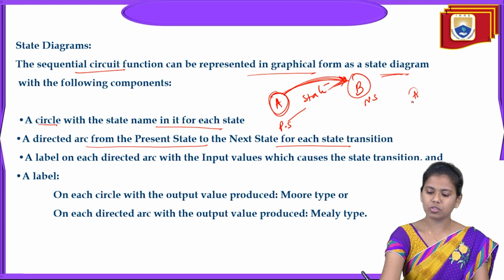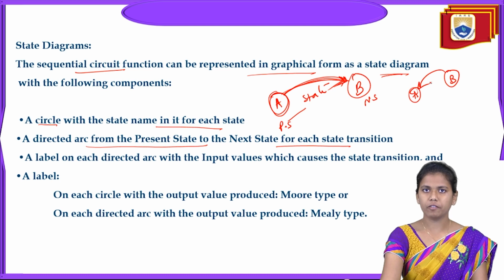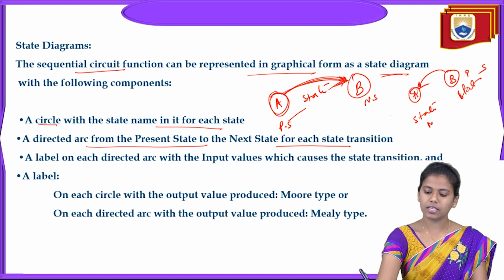Suppose if you see A and B like this, in this way, then the transition is taking place from B to A, that is from state B to state A. So in this particular example, I can say state B is the present state and state A is the next state, isn't it?